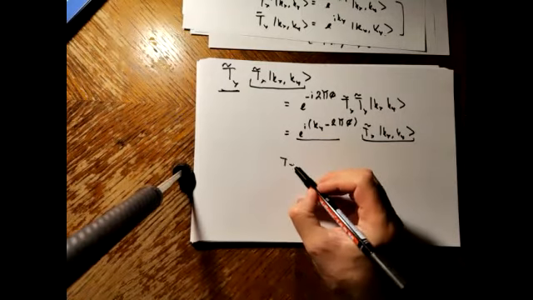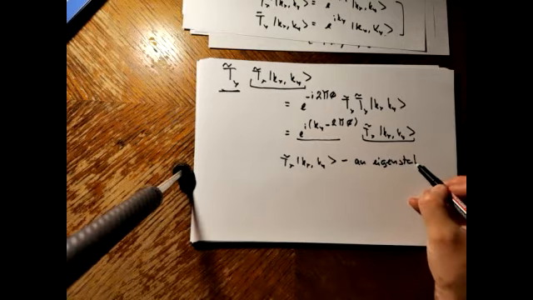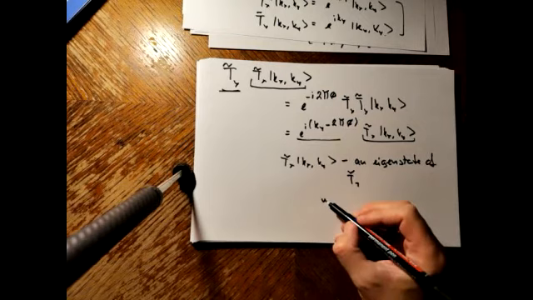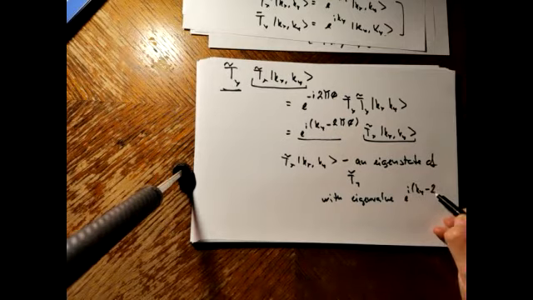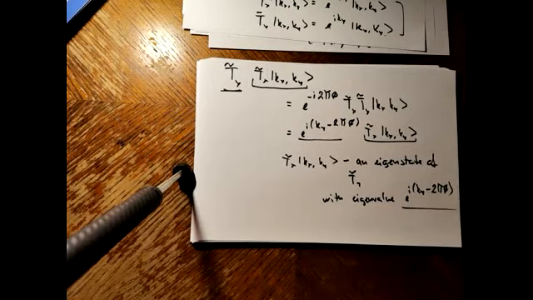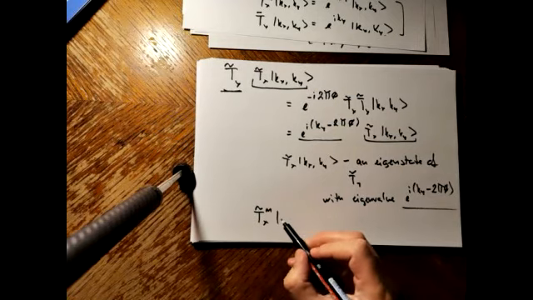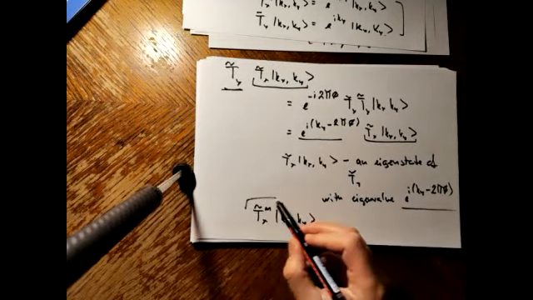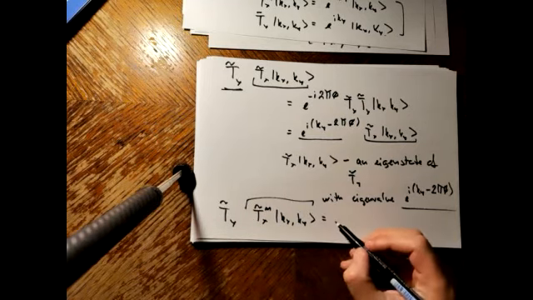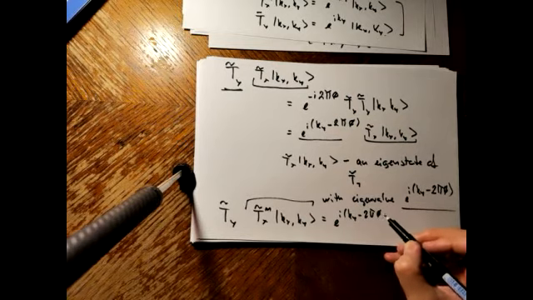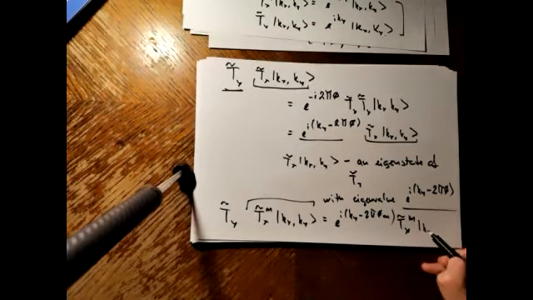In other words, t̃x |kx, ky⟩ is an eigenstate of t̃y with eigenvalue e^{i(ky - 2πφ)}. Now if we put some other integer m, so I take the state t̃x^m |kx, ky⟩ and operate on it with t̃y, I can commute this m times, and I get e^{i(ky - 2πφm)} times the state back, t̃x^m |kx, ky⟩.